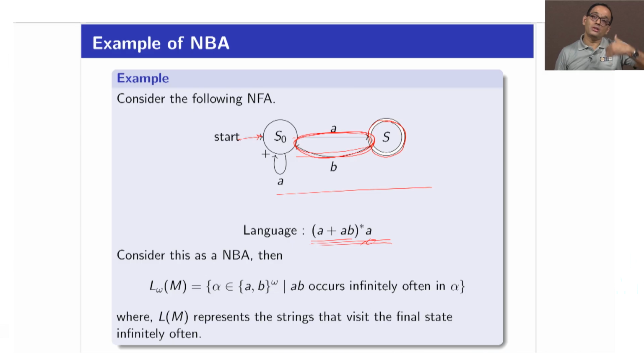So, you have basically all the infinite words where there will be an infinite number of occurrences of AB, right. So, the language of this omega, if I consider this as a Büchi automaton, will be all combinations of words where AB occurs infinitely often.